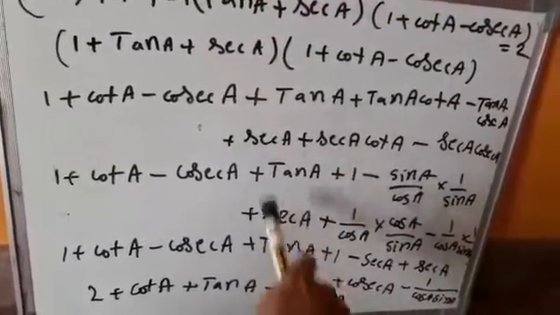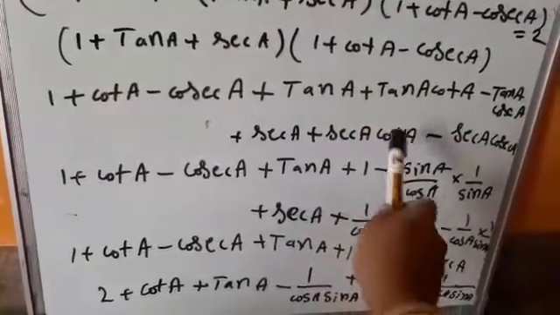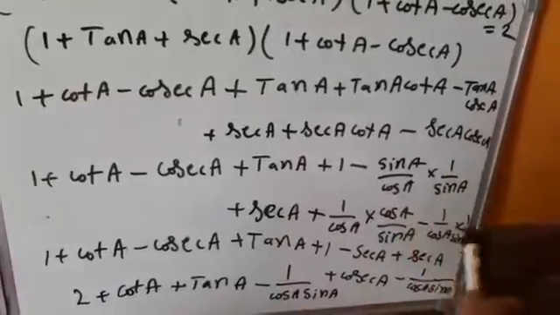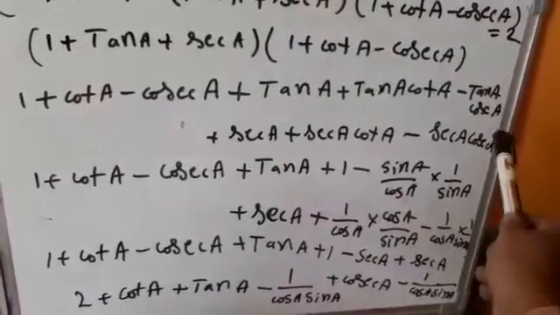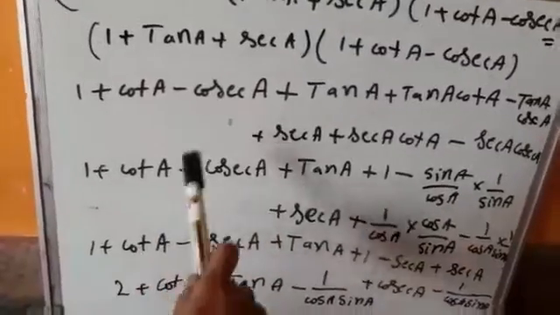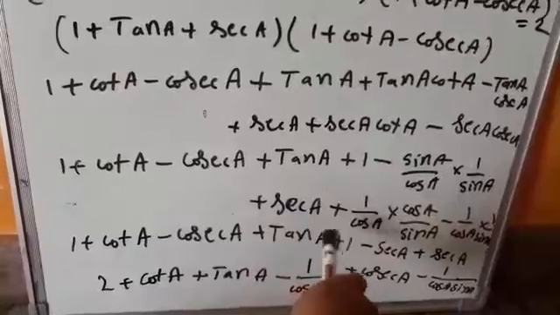Next plus sec a same, plus again sec a formula 1/cos a into again cot a formula cos a/sin a, minus again sec a formula 1/cos a into cosec a formula 1/sin a. Next see, 1 plus cot a same, minus cosec a plus tan a plus 1.